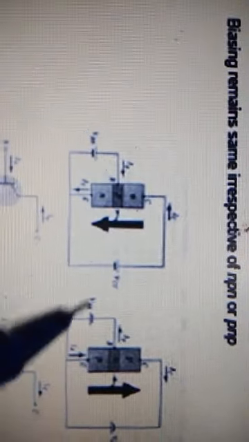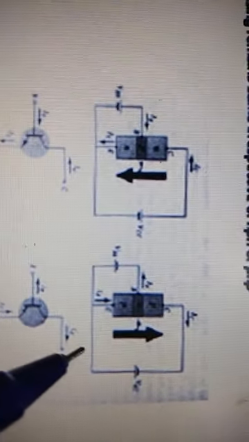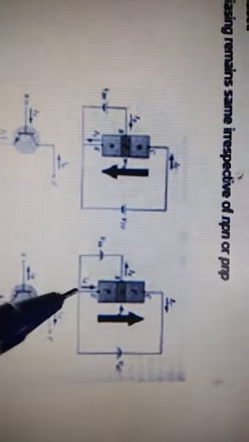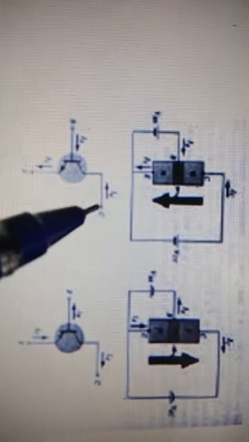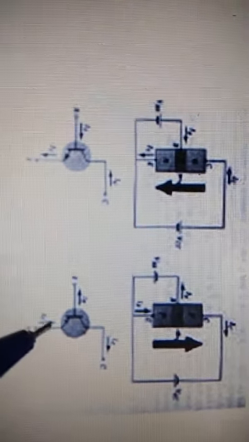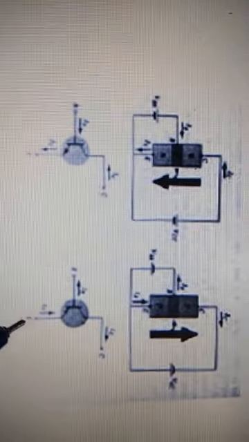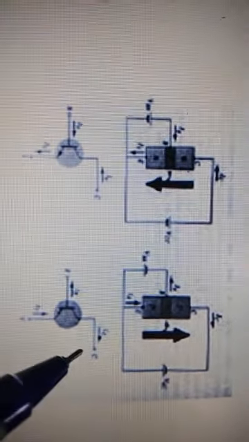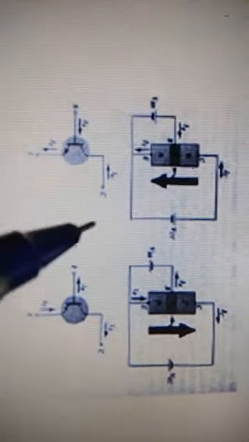This emitter is common. This is the collector and this is the base. And similarly this is PNP transistor. So this junction is forward bias and this junction is reverse bias. This is base current, emitter current and collector current. Here in PNP also base current, emitter current, collector current. So this is called as common emitter configuration.